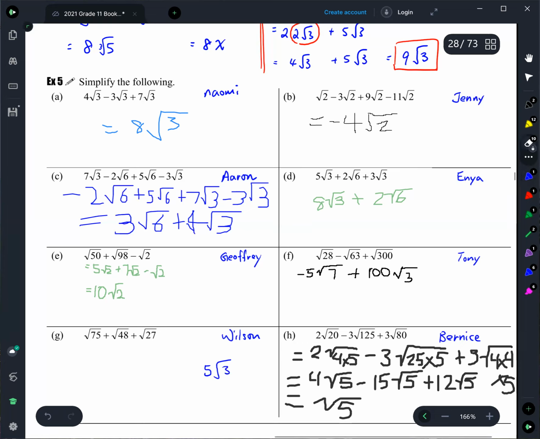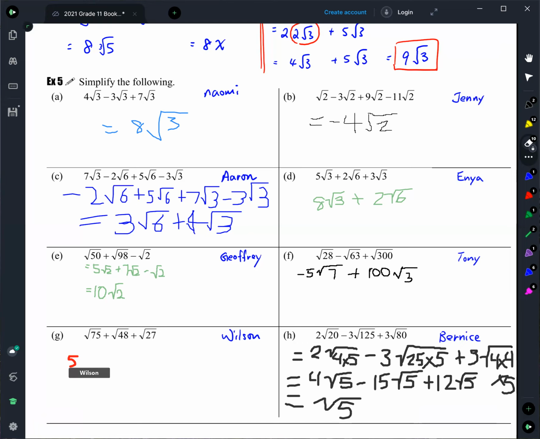Right, this is for square root of 75 for the first term. And then you do similar for the 48 and also simplify the 27.